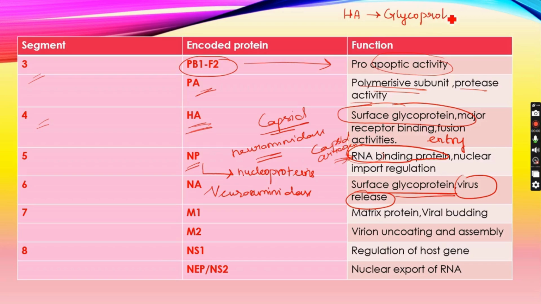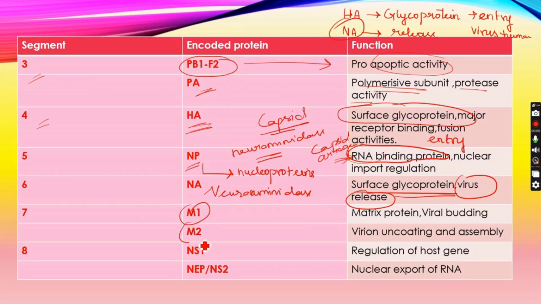These glycoproteins are involved in the entry of the virus into the human host. Whereas NA is the neuraminidase protein. After the replication takes place, the virus gets released, and the release is carried out by the neuraminidase protein.